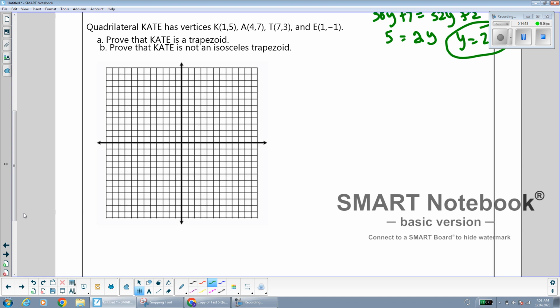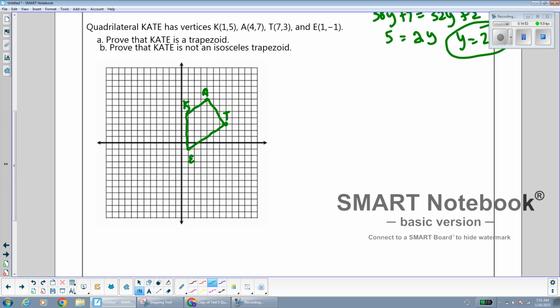Okay, here we have a coordinate proof. Part A says to prove that this quadrilateral is a trapezoid.